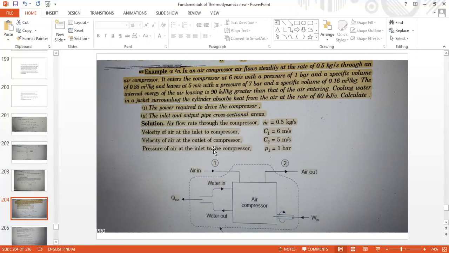What is a compressor? A work consuming device or a work producing device? I am putting a question. Number 70.